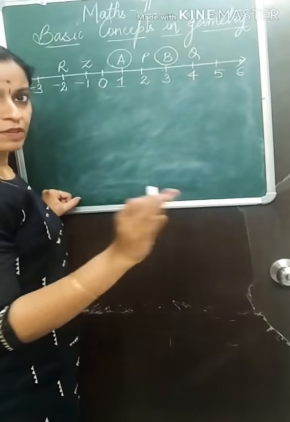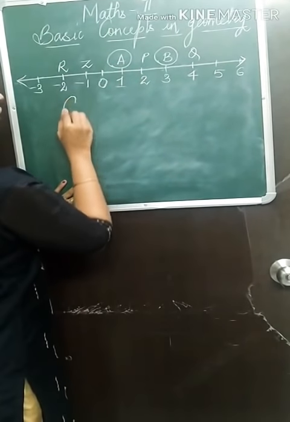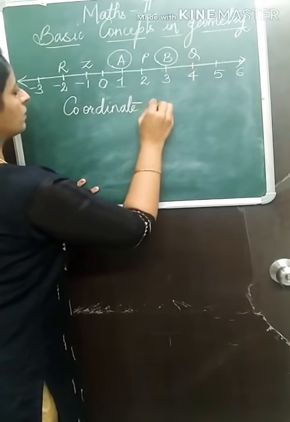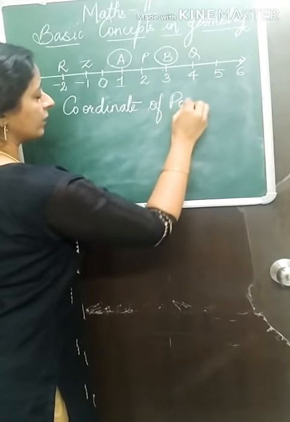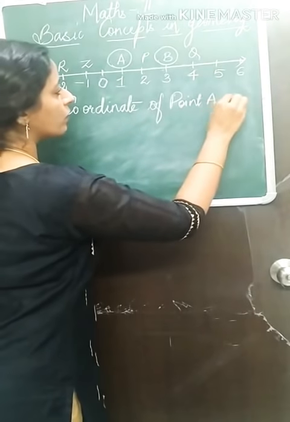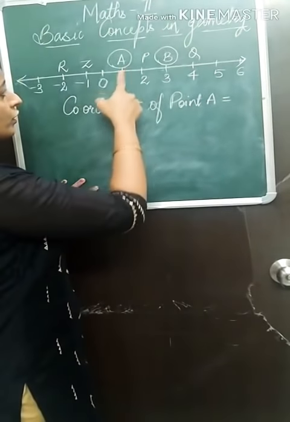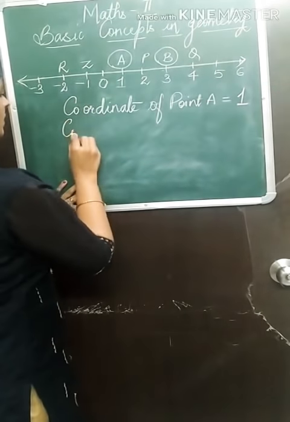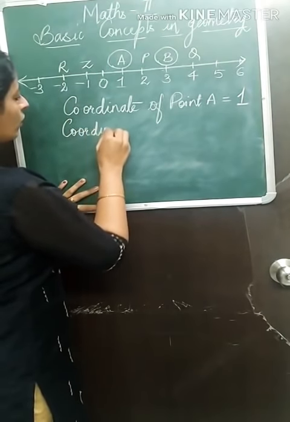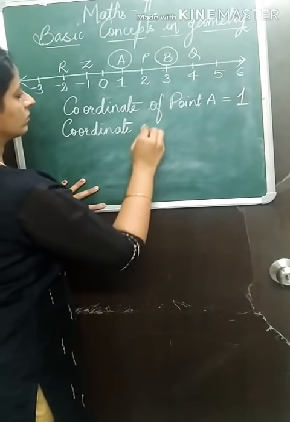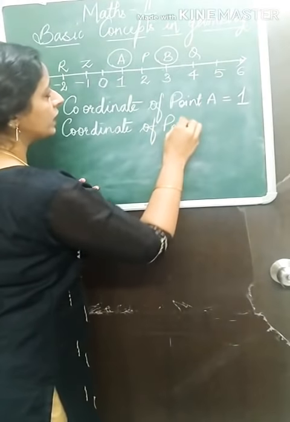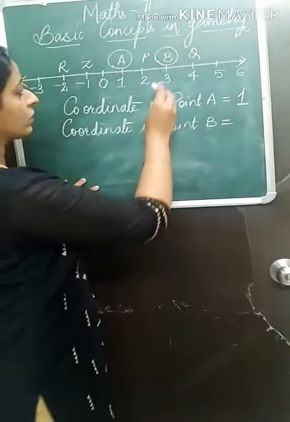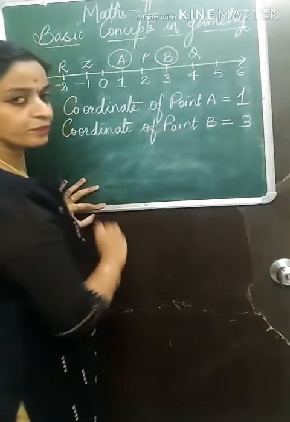What will be the steps? Please pay attention. First you will write down coordinate of point A. Coordinate of point A equal to, tell me, what is the coordinate of point A? 1. Next, coordinate of point B. Coordinate of point B is 3.